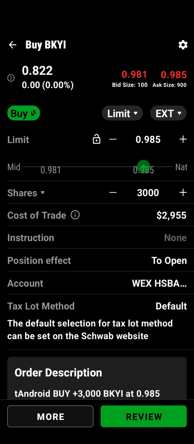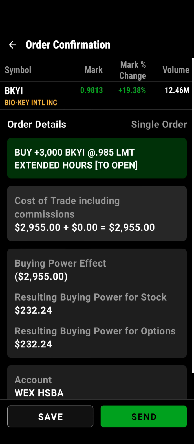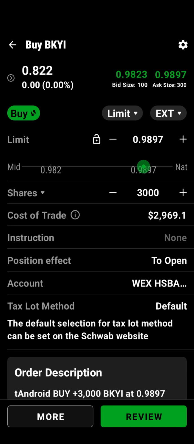So I'm going to buy 3,000 shares once I see it trade above 101. One more minute.